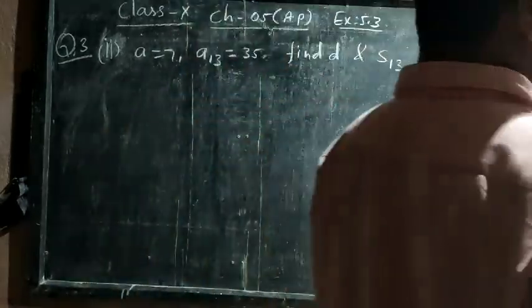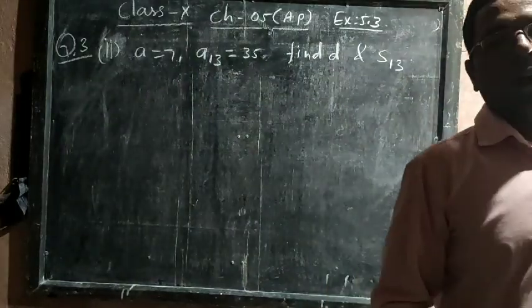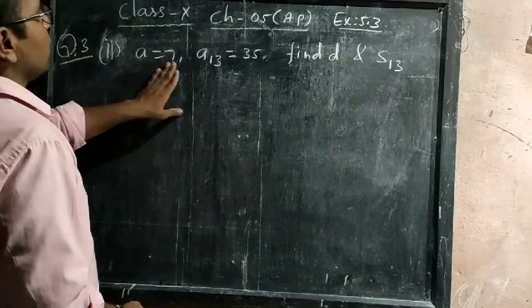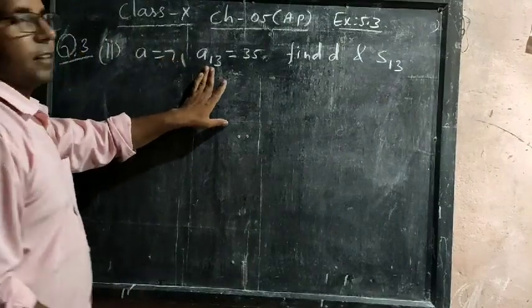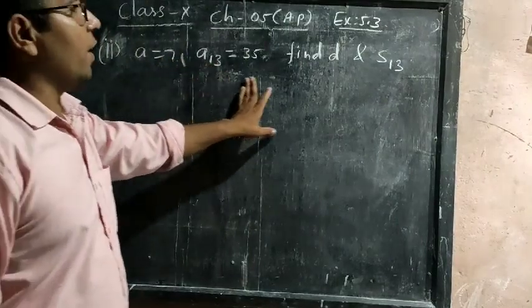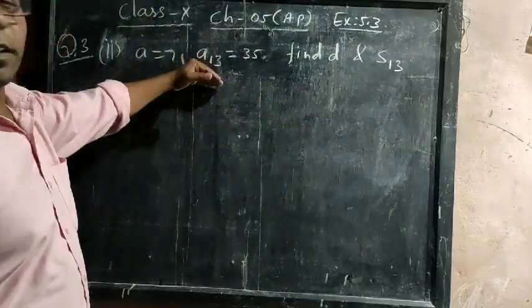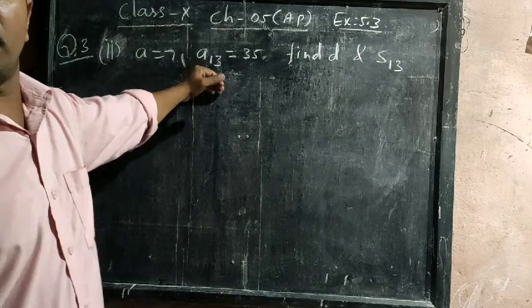Let's see how we can solve it. Generally, the value of A is given as 7, and a13, and we have to find D and S13. So whatever is given here, we will use that only.